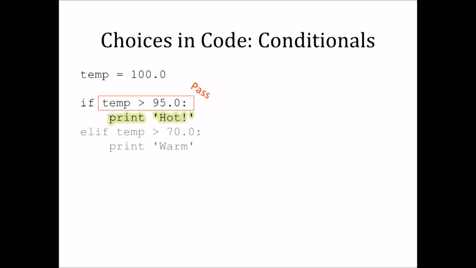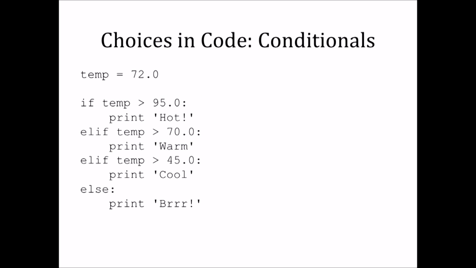What happens if we set the temperature to 72? Then the first test fails, so its body is not run. Since the first test failed, we run the elif test. We see that this test passes, so its body runs, and the program prints warm. Let's complete this program to round out the range of temperatures we might see.